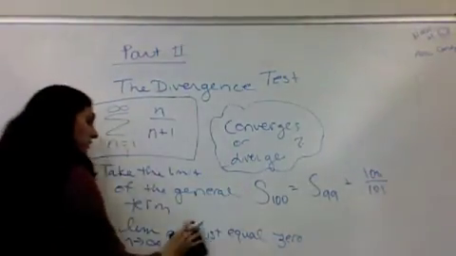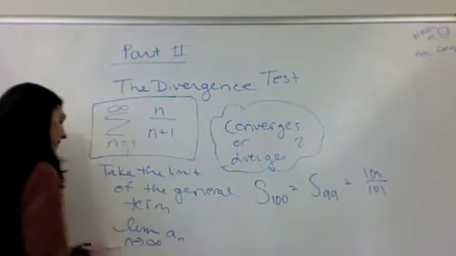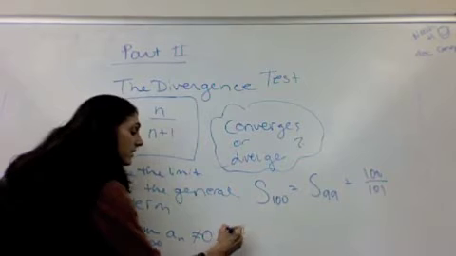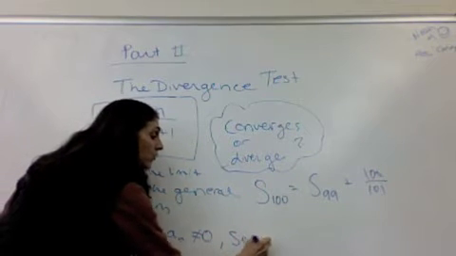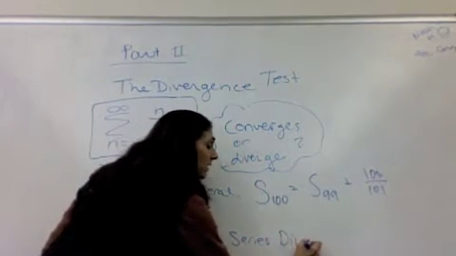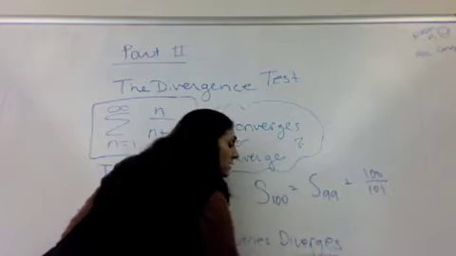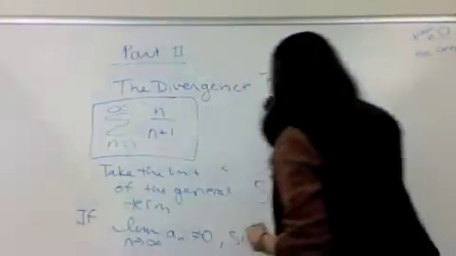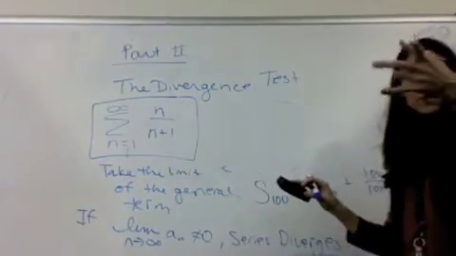If it does not equal 0, the series diverges 100%. So you're done. These are proofs, like in AP.